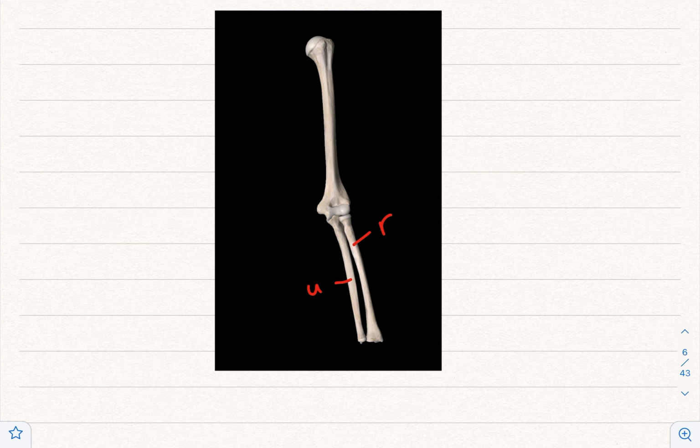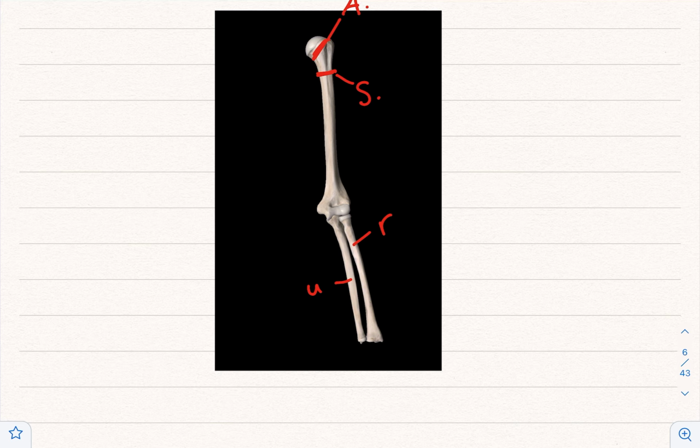But let's get back to the humerus. In terms of different clinical diseases, you've got the anatomical and surgical neck. There's one here and there's one here. Which one's which? The top one is the anatomical and this one is the surgical neck.